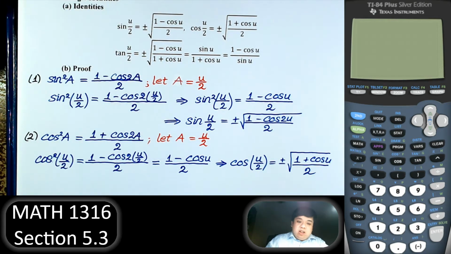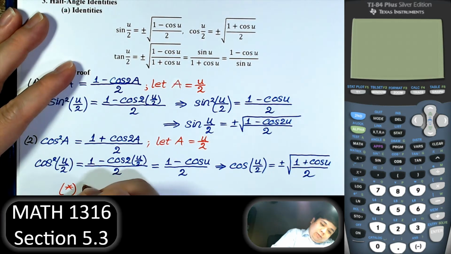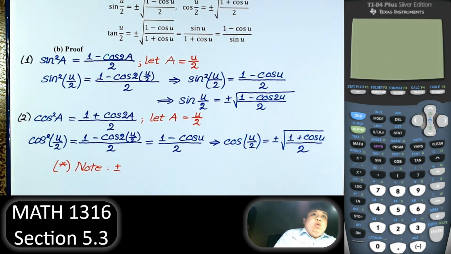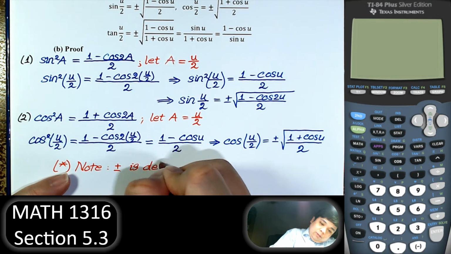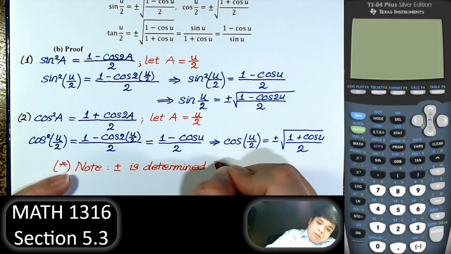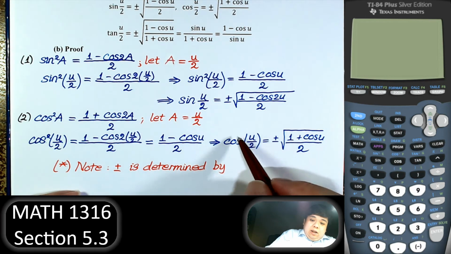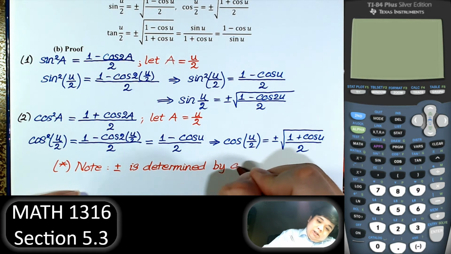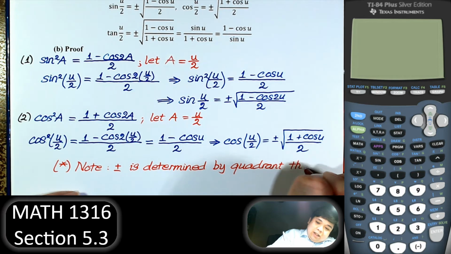But for now, we just need a little note here: the plus or minus will be determined by the quadrant that the half angle belongs to.